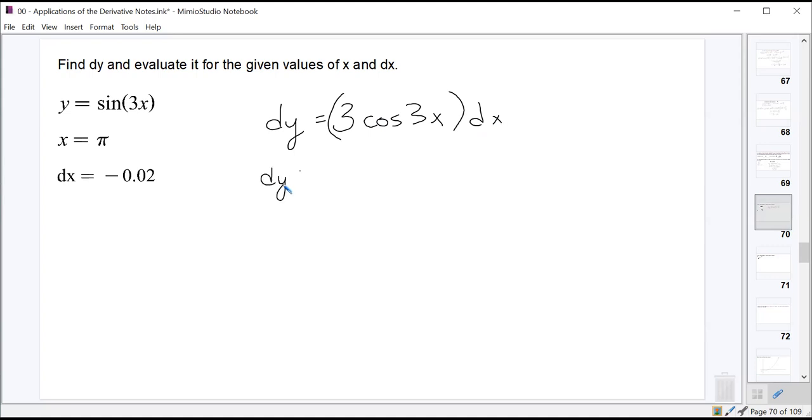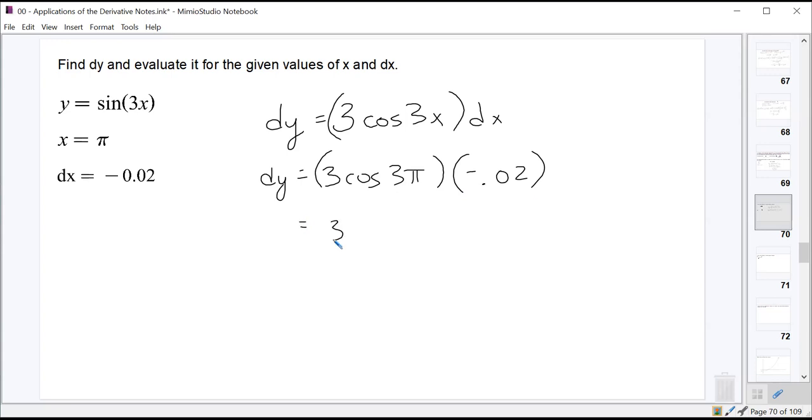So dy ought to be 3 times the cosine of 3 times x, so that'd be 3 pi, times negative 0.02. And the cosine of 3 pi, that's the same as the cosine of pi, effectively. And the cosine of pi is negative 1.